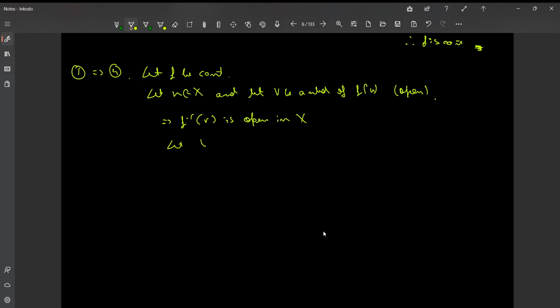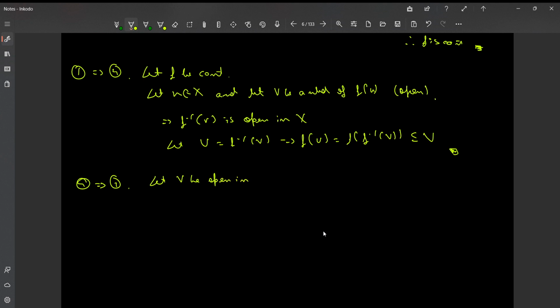But that means f inverse V is open in X because f is continuous. Now obviously it's a subset of X, so let U be f inverse V. But this implies what is f of U? It's f of f inverse V, and that should be contained in V, right? These are the usual operations of functions.